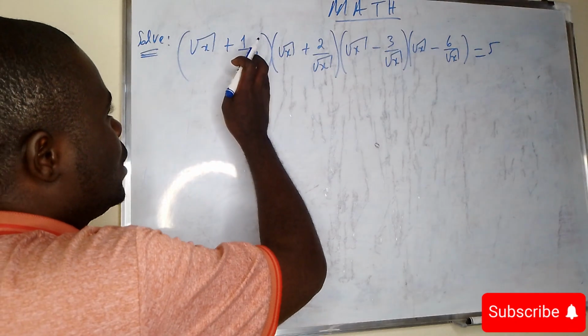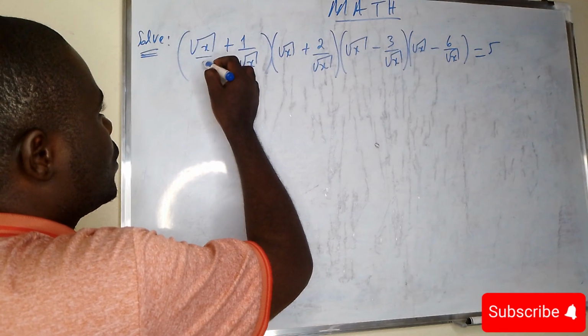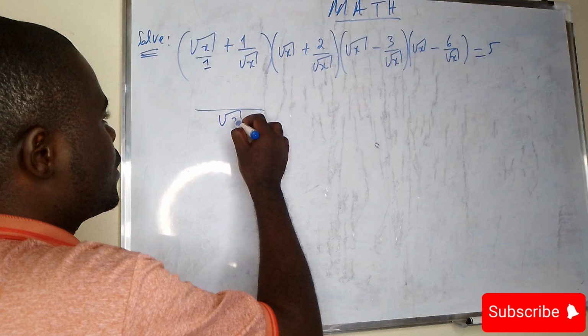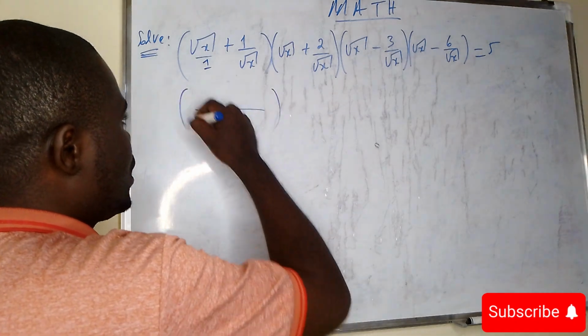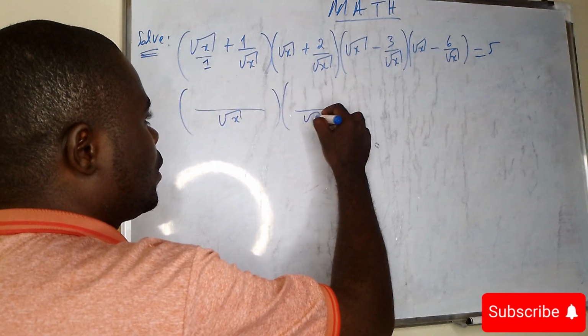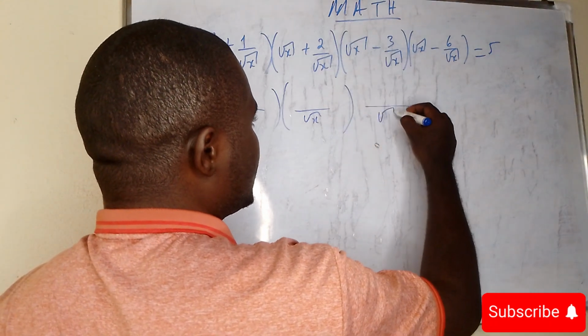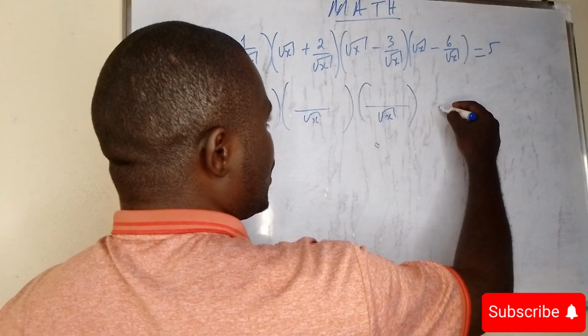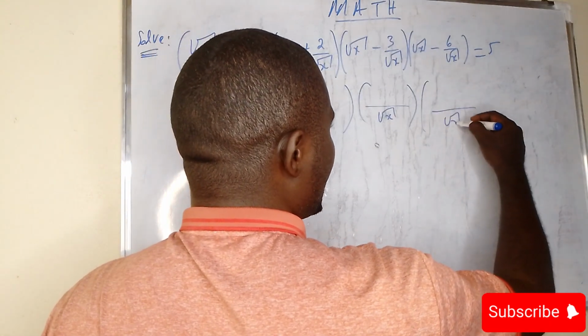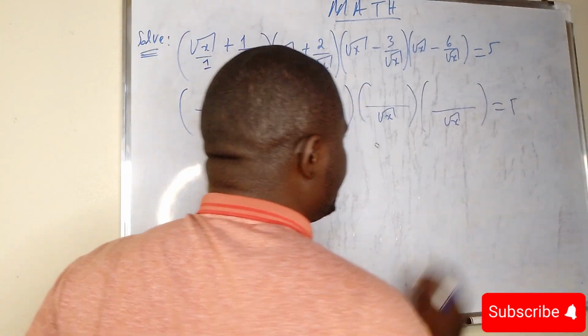The common denominator here, you can see, for this expression is 1, root x, another root x, another root x, and another root x, which is equal to 5.